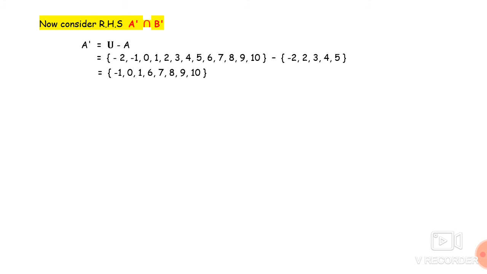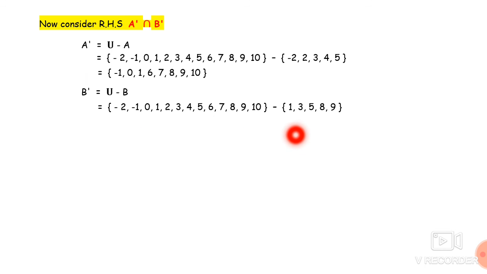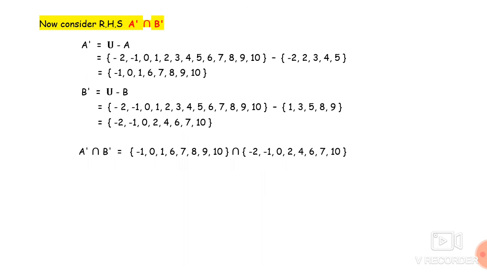So A complement will be -1, 0, 1, 6, 7, 8, 9 and 10. For B complement we have universal set minus set B. Subtracting the elements of set B from the universal set, we will get these elements. Now we have found set A complement and set B complement. Now we are going to find their intersection.